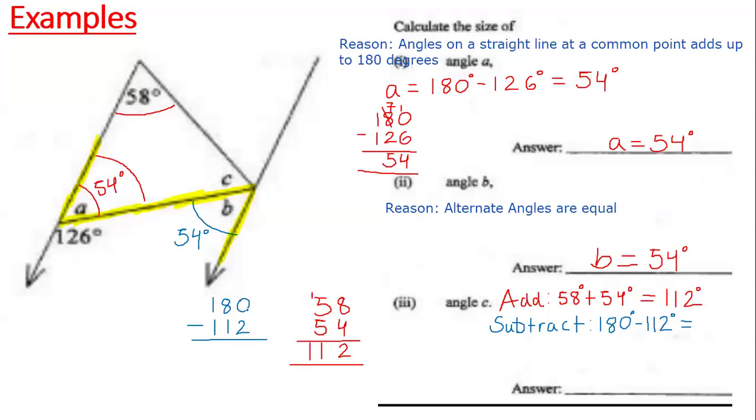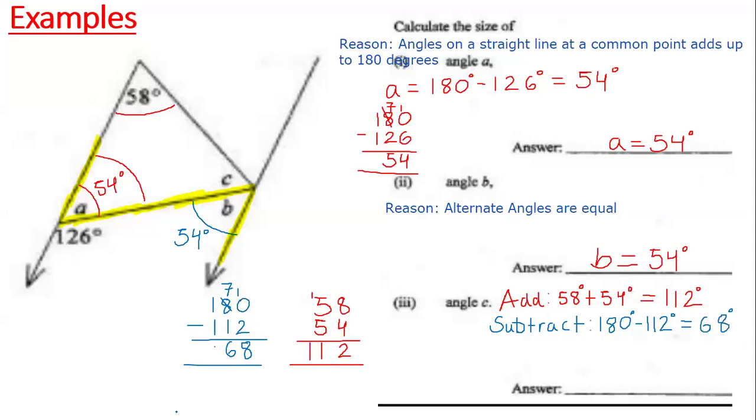We have 0 minus 2, we can't do that. So what we have to do is this becomes a 7, and this is 10. We have 10 minus 2, which is 8. 7 minus 1 is 6. 1 minus 1, we can't do that. So this is 68 degrees. And so that means that C is equal to 68 degrees.